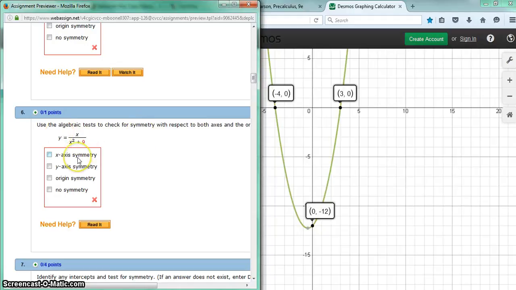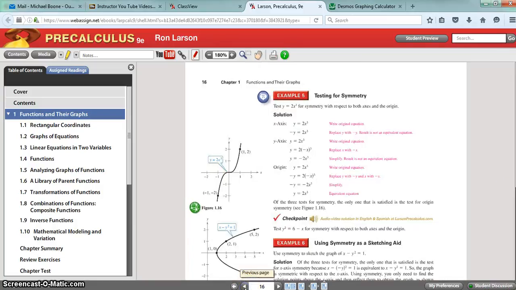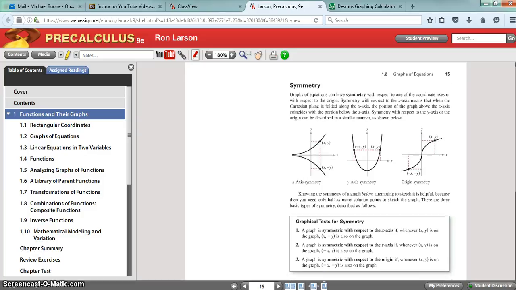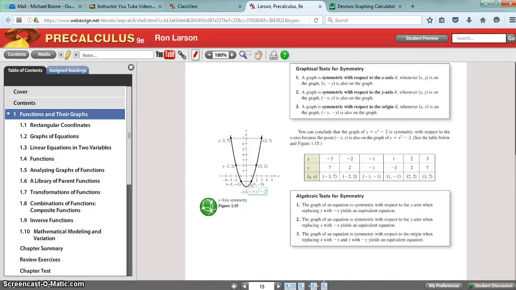Visually, we could determine if it's symmetric to the x-axis, y-axis, or the origin. But in the text, it also talks about graphically testing for symmetry and algebraically testing for symmetry.